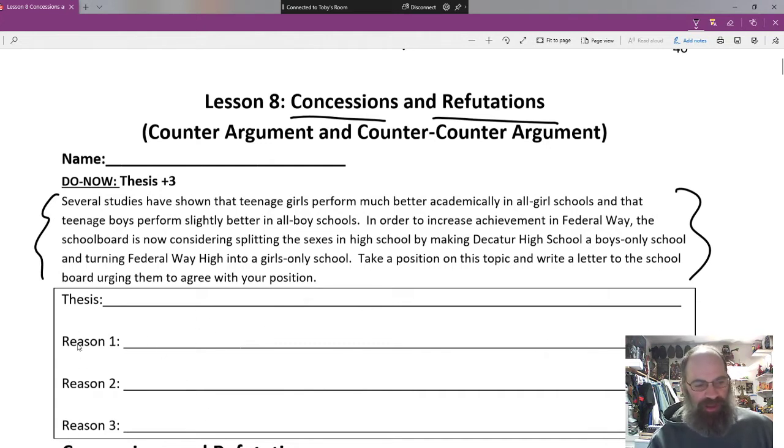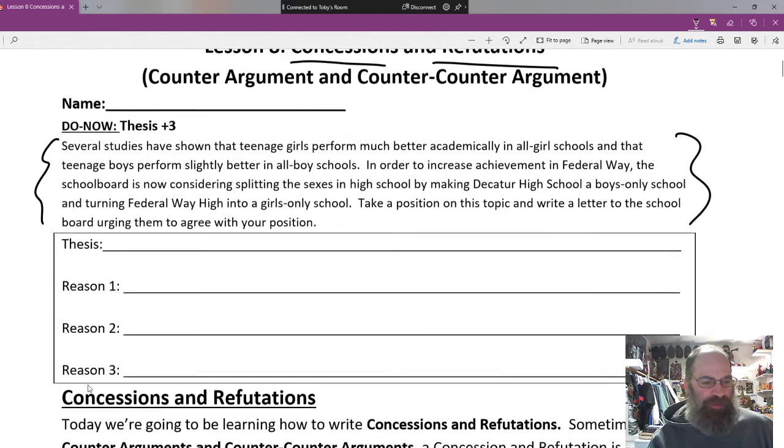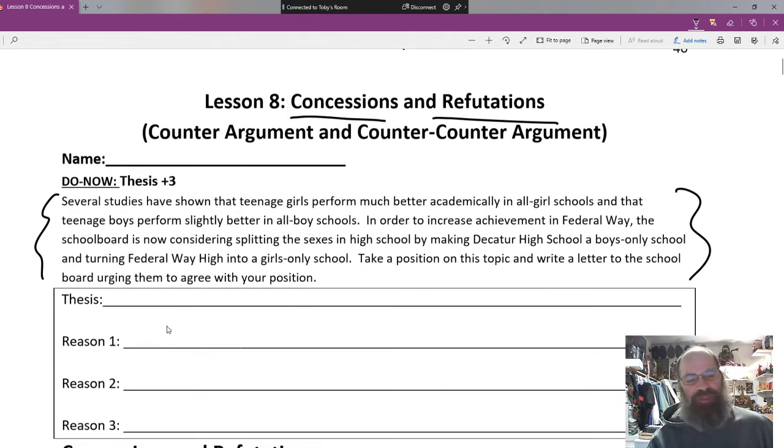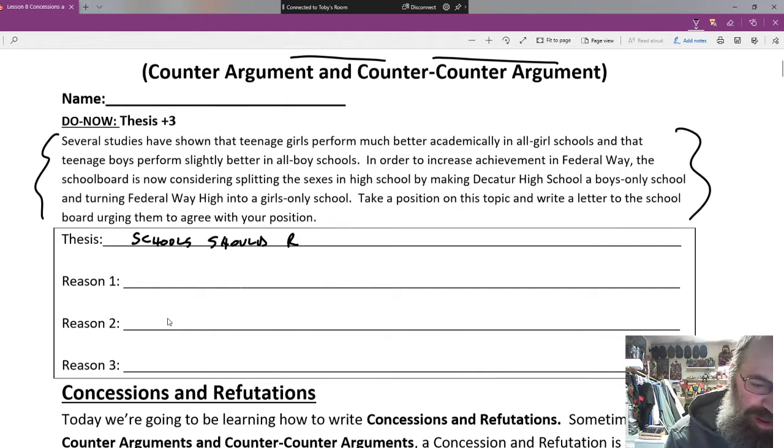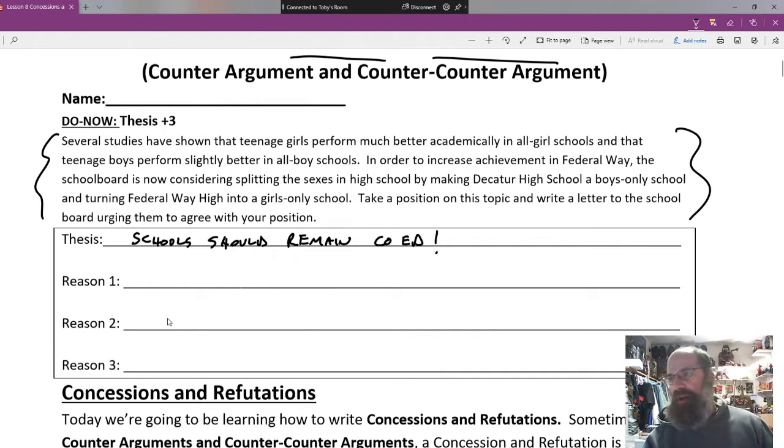This is something that I introduced in AP Seminar, and so just for the heck of it, for argument's sake, let's see, schools should remain co-ed.